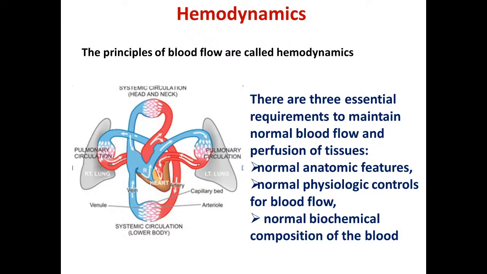There are three essential requirements to maintain normal blood flow and perfusion of tissues: normal anatomic features, normal physiological controls for blood flow, and normal biochemical composition of the blood.